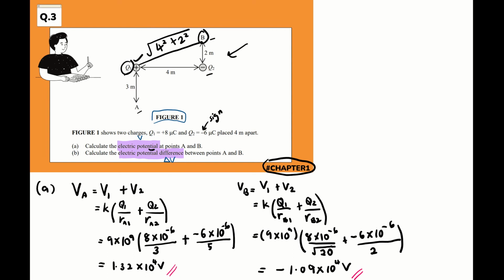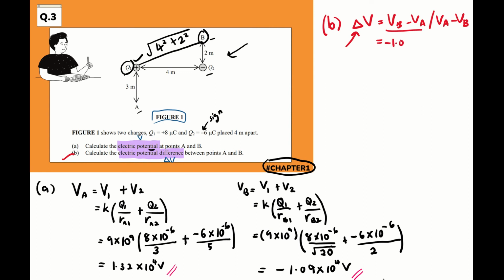Now we want to solve the second question, B. Calculate the electric potential difference. So for B, electric potential difference is delta V. It's equal to VB minus VA or VA minus VB. When we just want to get the magnitude of the difference, it doesn't matter. So it's supposed to be negative if I substitute from the first equation.